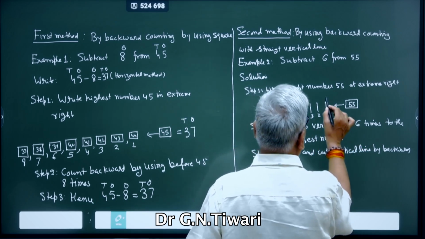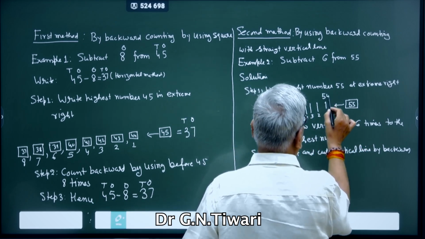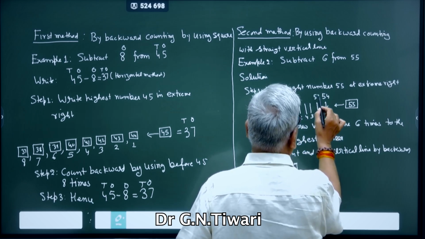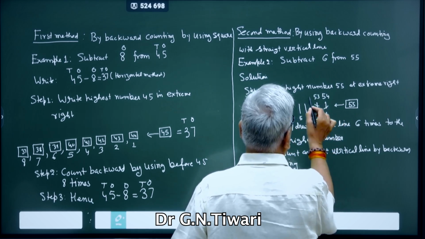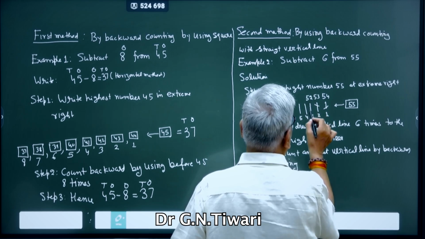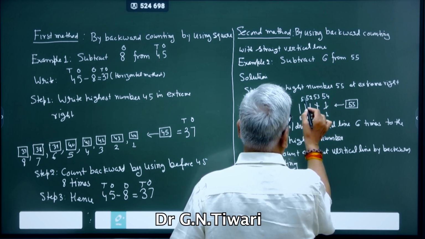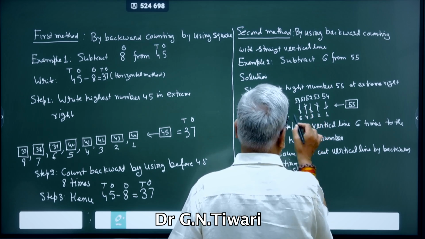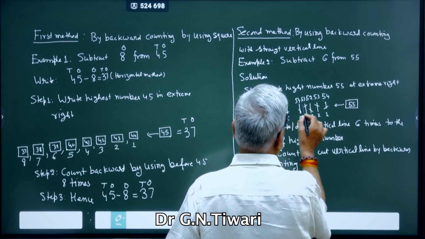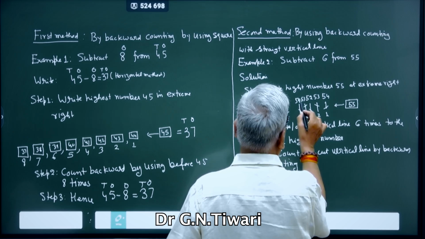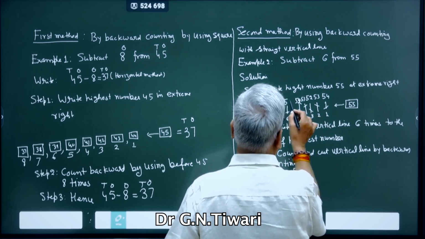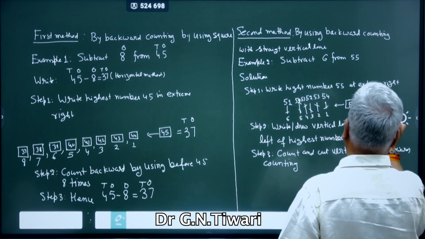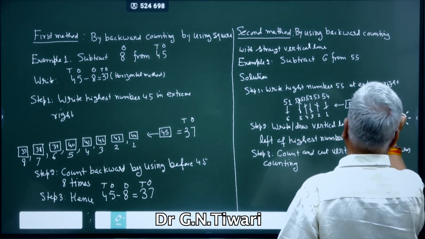Before 55, 54 will come and cut here. Then write 53, cut here. 52, cut here. 53 here, 54 here, and 53, 52 will be this, 52 and 51. So the final result is that this is equal to 51, O and T.